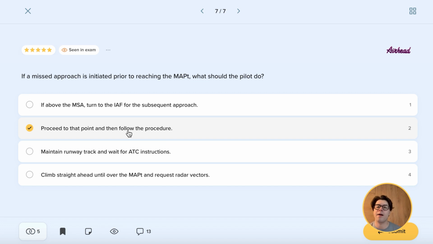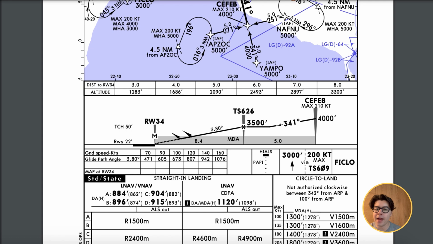However, now EASA mandates that we do continuous descent final approaches, the CDFAs, in which case we will change our MDAs into derived decision altitudes. In most cases, we will add a certain amount on top of the MDA to have a derived decision altitude. In that case, usually we will do a go around if we do not see the runway by the DA.